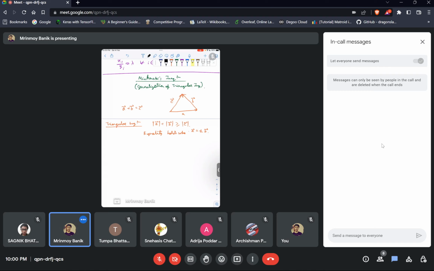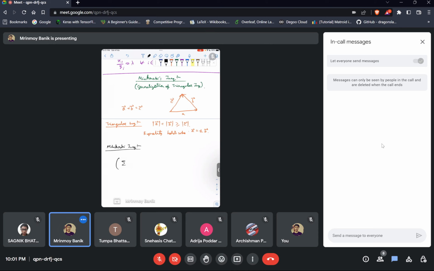So this is the triangle inequality, and the Minkowski inequality says the same thing, but we use the Lp norm instead.